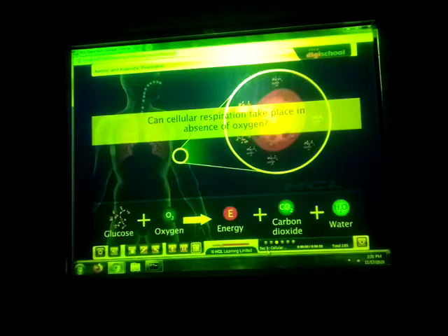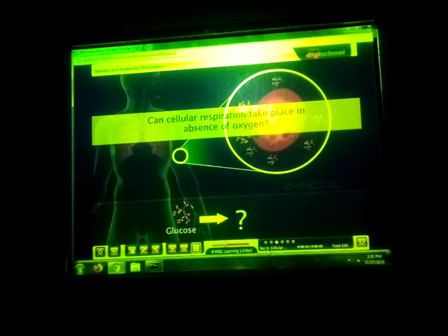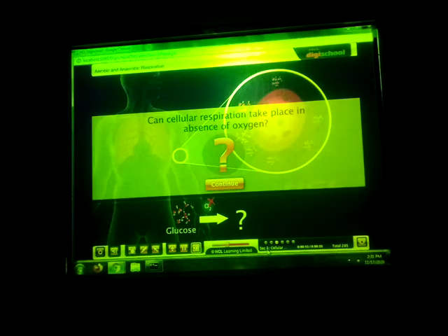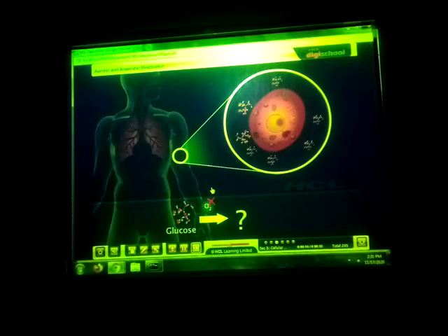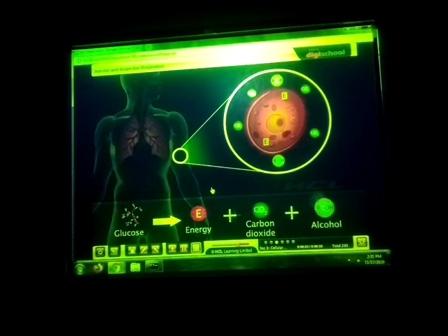What happens if there is no oxygen? Will cellular respiration not take place? Even if oxygen is not present, cellular respiration happens. The glucose breaks down to form energy, carbon dioxide, and alcohol.